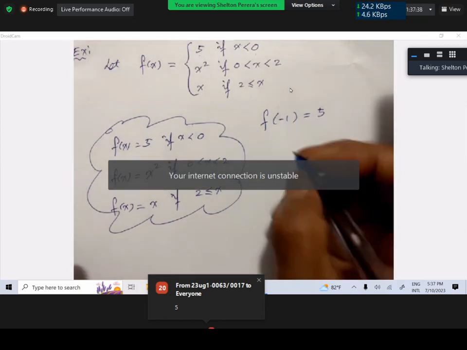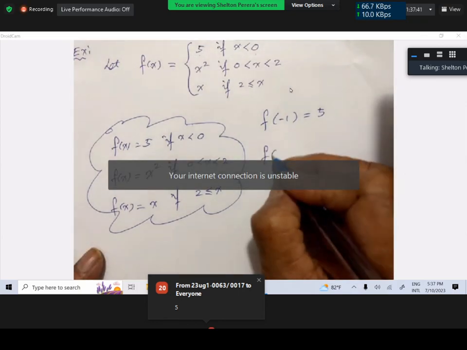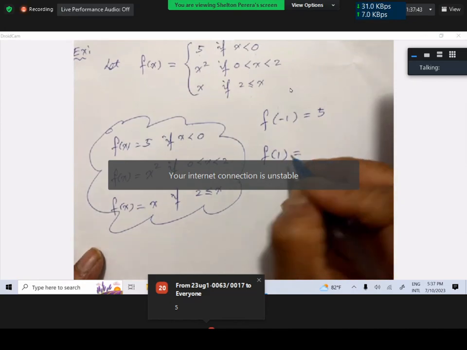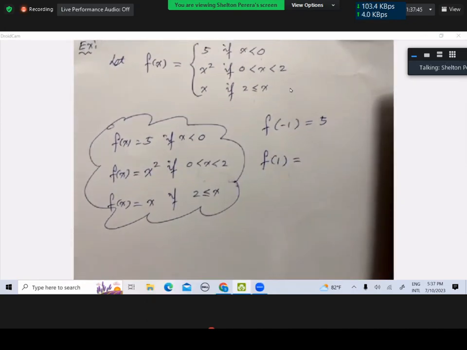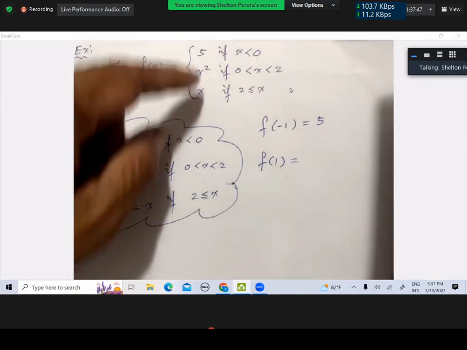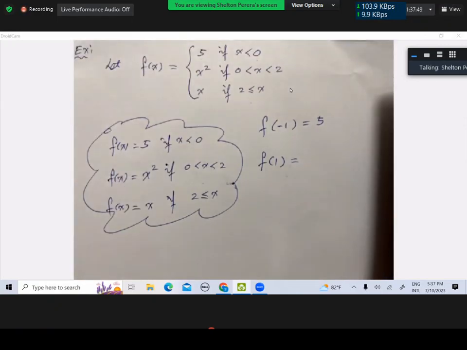Then, what is f of 1? F of 1, according to this rule, which is split into 3 pieces. Different inputs. For different inputs, we compute outputs using 3 different formulae.